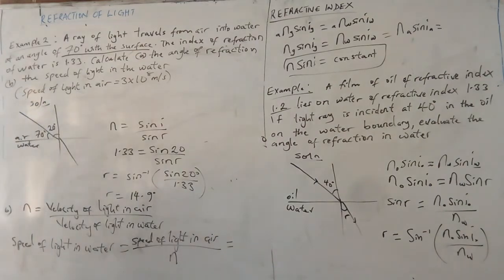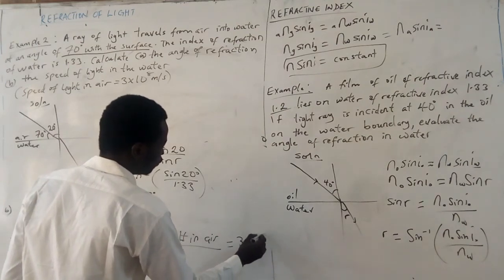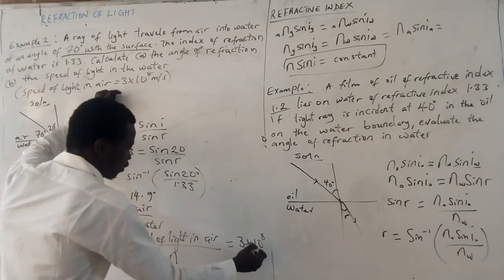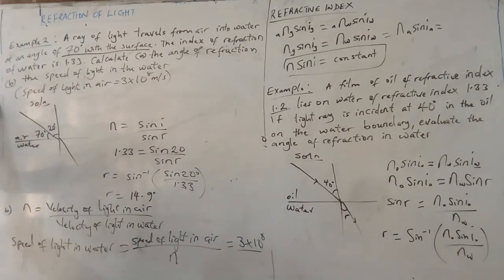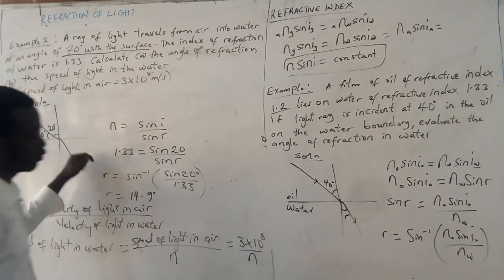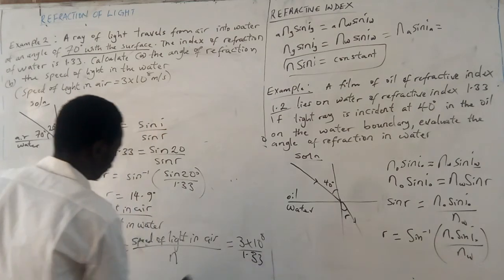The speed of light in air is 3 times 10 raised to 8 meters per second, which we are given here, over the refractive index, which is given as n is 1.33.